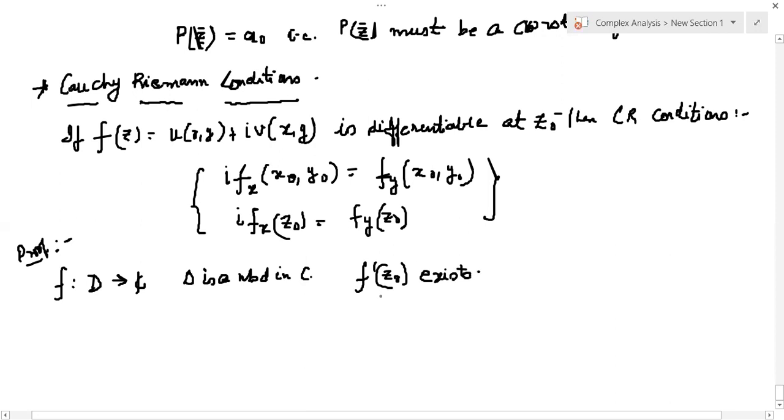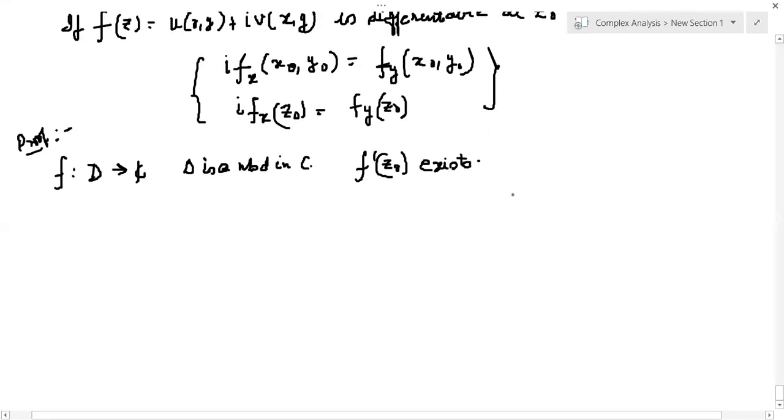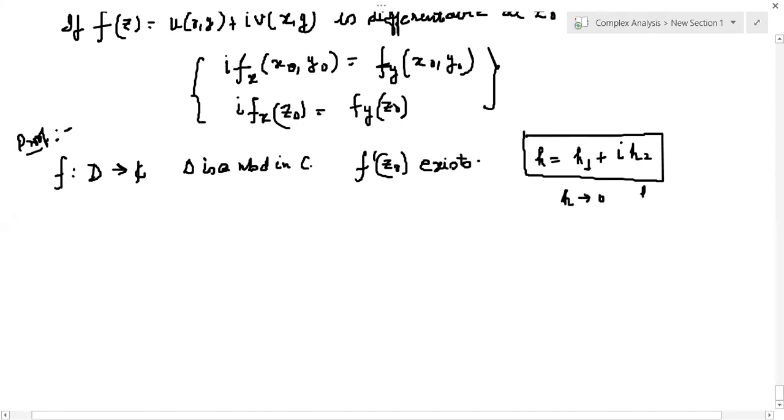I am just giving you a proof of how this is the case. It implies that this limit must exist. Let us take h equal to h1 plus iota h2. Now, if h tends to 0, it implies h1 tends to 0 and h2 tends to 0.